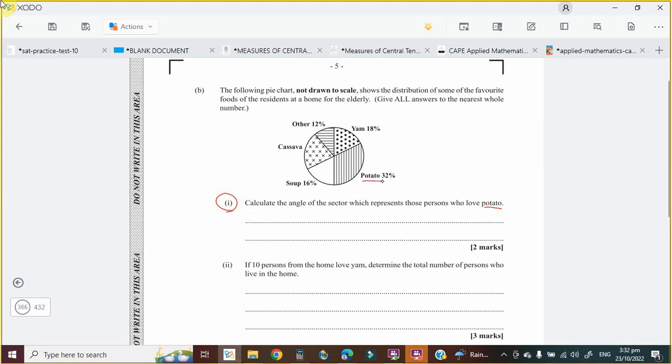It said 32%. Circle theorem is in applied maths, Tristan. Tristan, how much do angles in a circle add up to? So 32% of 360. 32 over 100. Basic, isn't it?